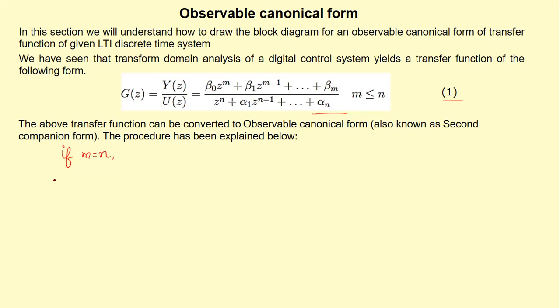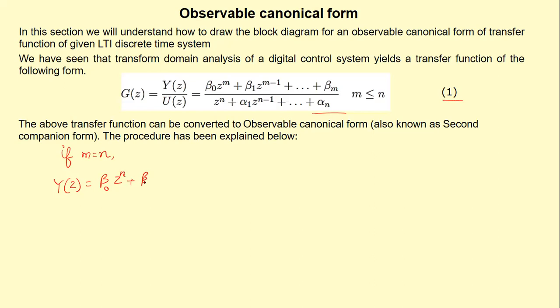So this equation Y(z) can be written as Y(z) is equal to beta naught z raised to the power n plus beta 1 z raised to the power n minus 1 plus beta 2 z raised to the power n minus 2, and so on, up till beta n, divided by the denominator part, which is z raised to the power n plus alpha 1 z raised to the power n minus 1 plus alpha 2 z raised to the power n minus 2, and so on, right?